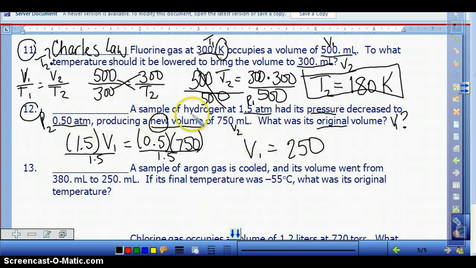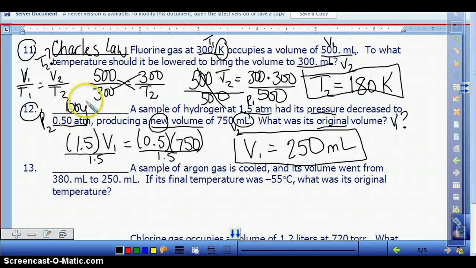It's a volume, so we're solving for the same unit as V2, which is milliliters. Cross those two off in your answer bank at the top. And since we're given pressures and volumes, we know that this is Boyle's law. All right, you should be able to do the rest of the examples on your own.